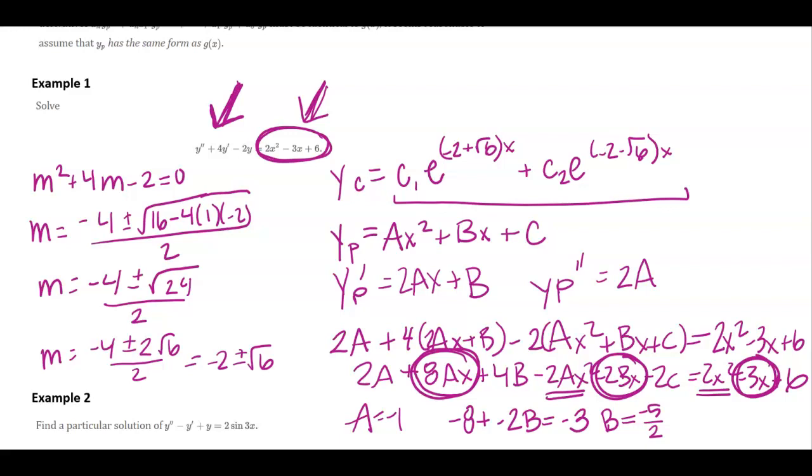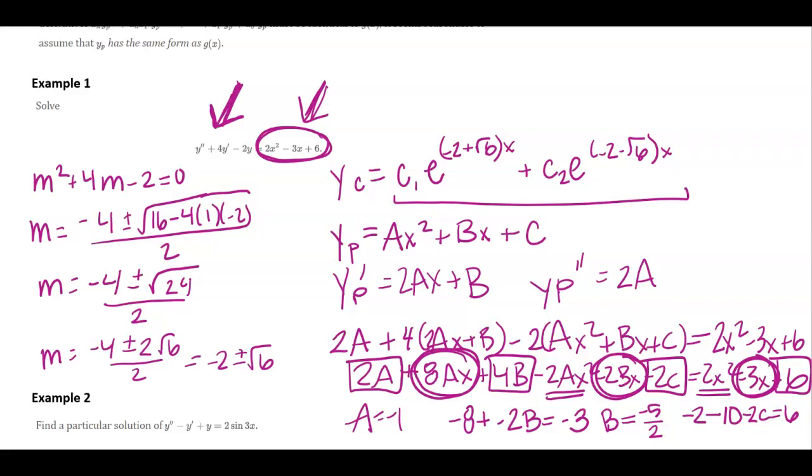And then I can do a similar thing, so I know that -2 minus, okay, 4 times this, so -10, minus 2c must give me 6.